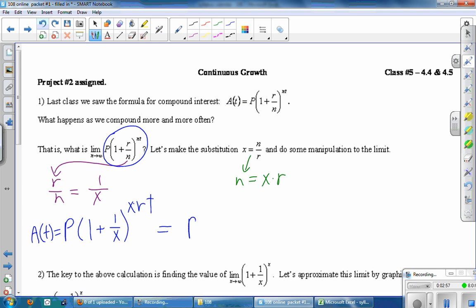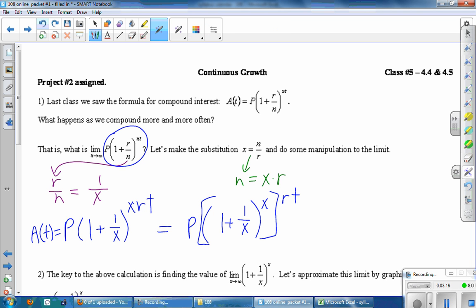And let's just manipulate a little bit more, and then some good things will happen. So this is 1 plus 1 over x. There's an x times r times t up in the power. I'm going to write it like this: x, and then brackets, and then rt. And let's see whether or not we buy that that's the same. Well, you have something being raised to a power, which itself is being raised to another power.